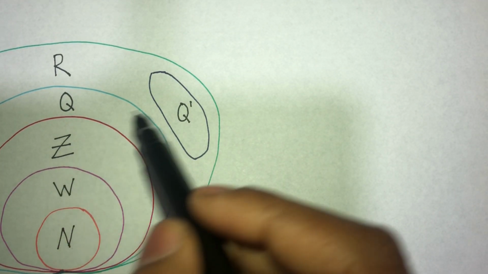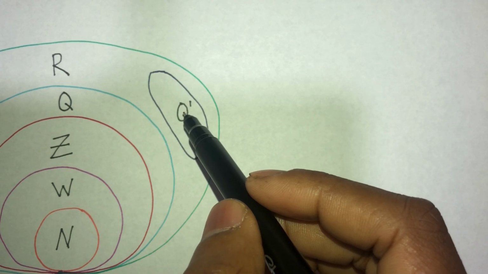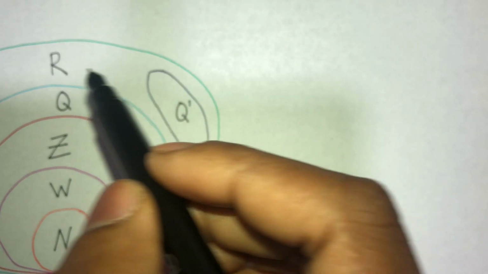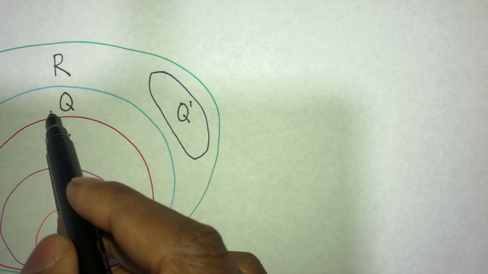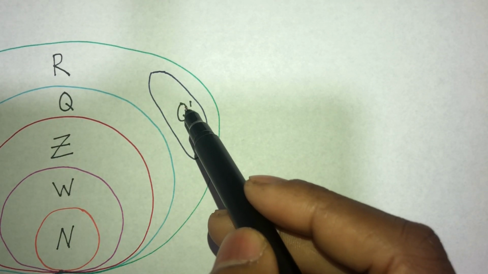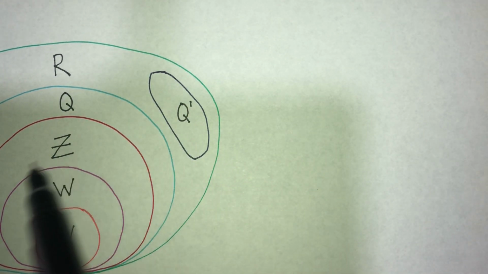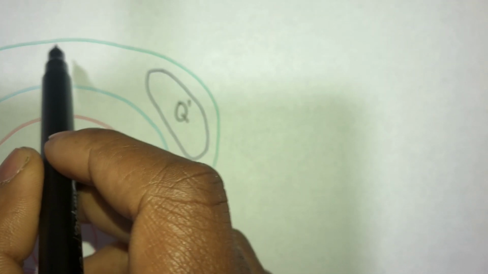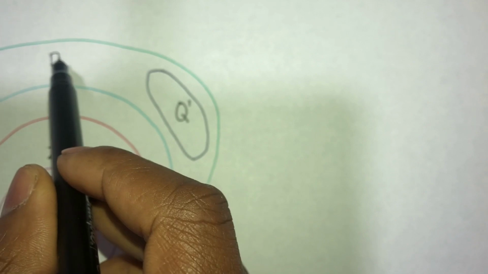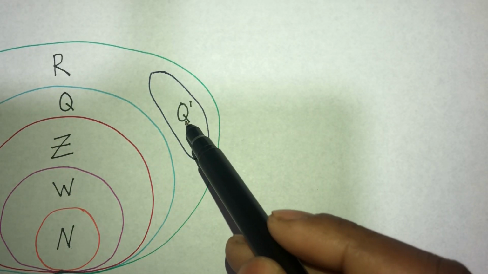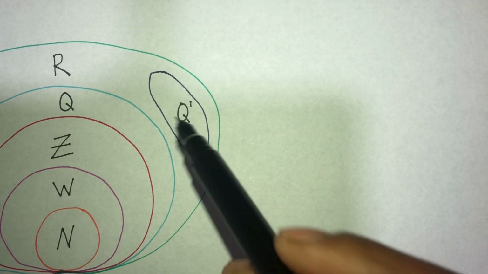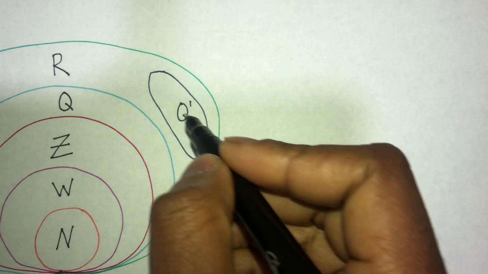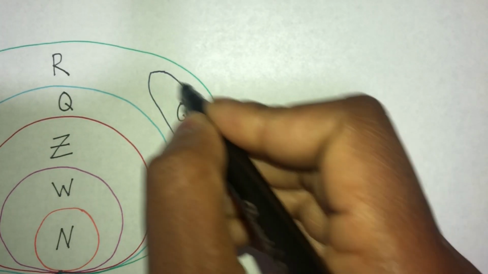An integer cannot be an irrational number. Rational numbers cannot be irrational numbers. However, the set of real numbers does contain the set of irrational numbers. So all irrational numbers are real numbers.